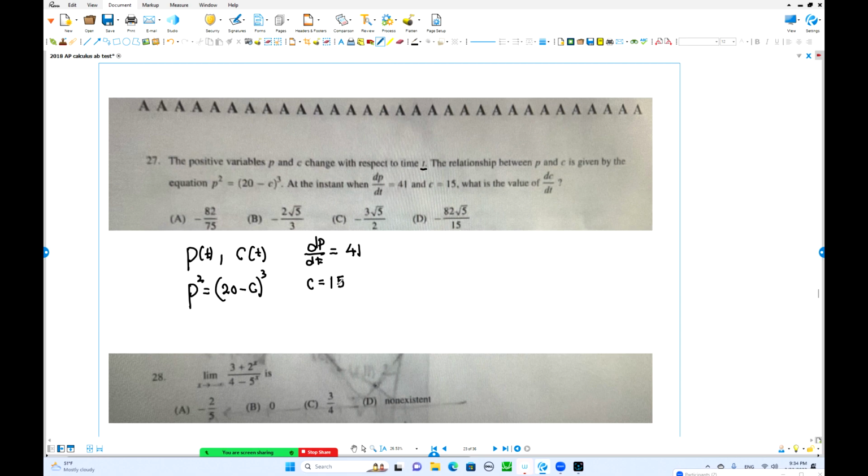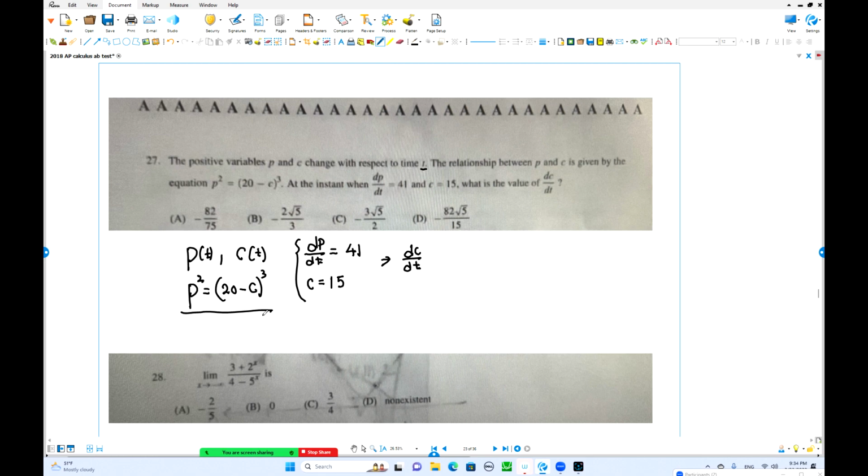What is the value of dC/dt? So from this given, you're going to find dC/dt, the instantaneous slope at time t. At this point, C is 15. This is the equation of relation between these two variables, C and P.